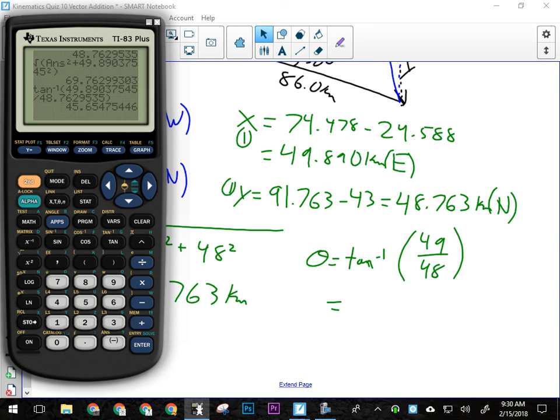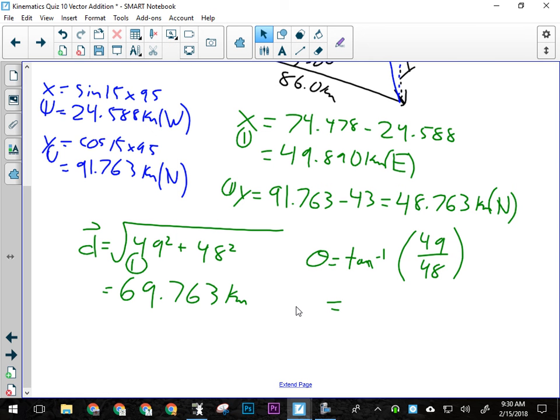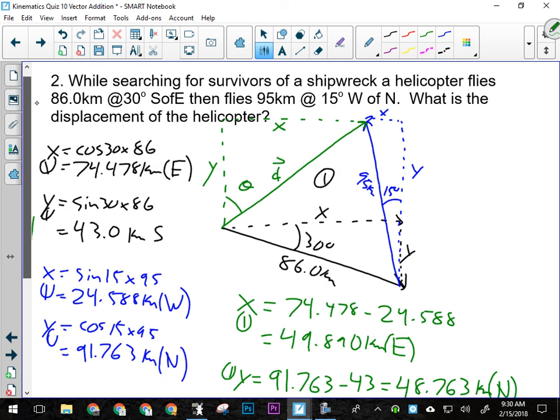All right, so I'm getting 45.65 degrees. And the way I drew my triangle, that angle is east of north.